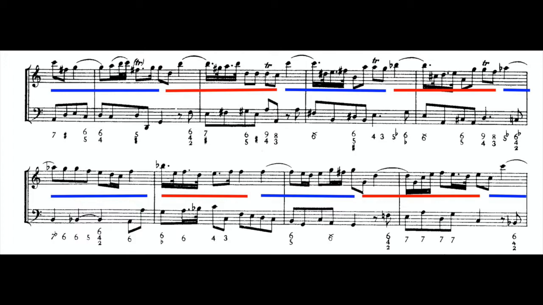And now, starting from this lovely A flat, now a simple cadenza sentence.